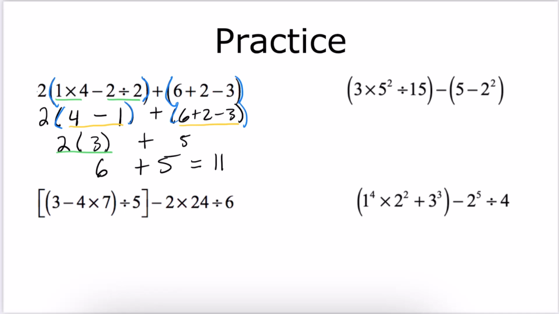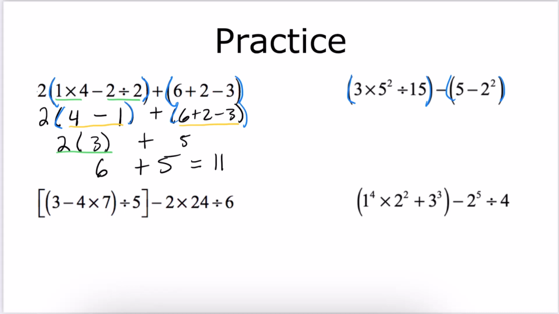If I were going to try the second problem here, I would say, okay, well, I do have parentheses, and parentheses are telling me that I need to solve the problem where the inside of the parentheses gets simplified first. And so I look inside of my parentheses and I ask myself, do I have any exponents? Because that's the highest level of the operations pyramid.